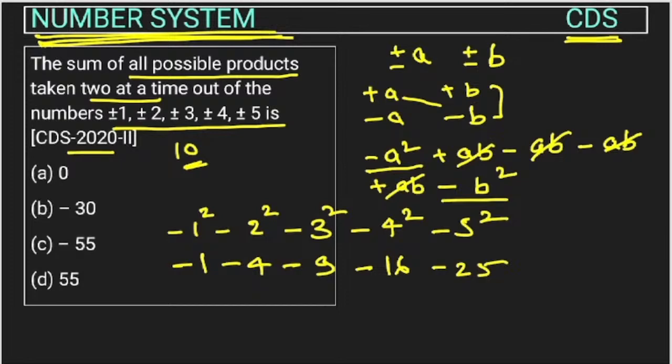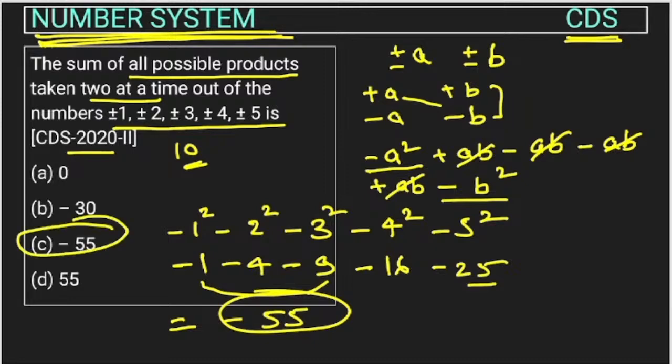So this will be the value of this thing. So this will be 25 plus 16, 20... 25 plus 20 will be 45, right? 45 and 9 plus 1, 10, right? So this will be minus 55. So the answer will be minus 55. So option C is the correct answer, right?